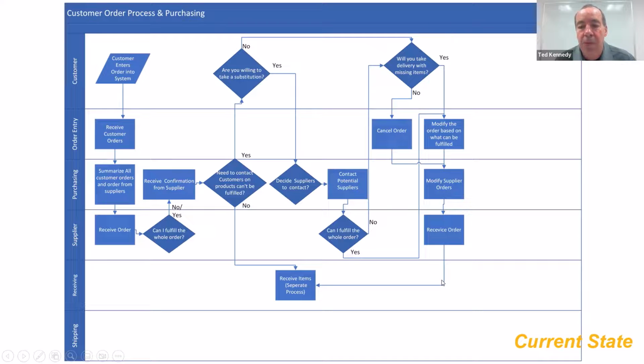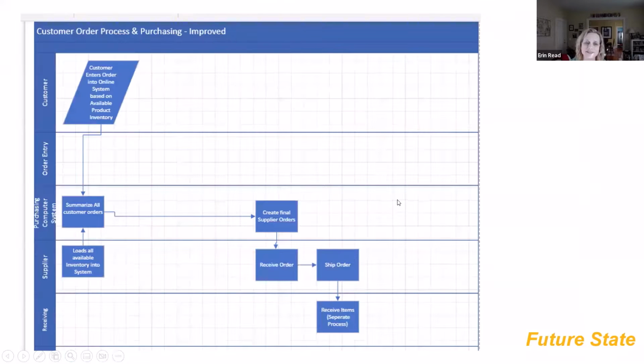If it's going from one person to another person, and they just stamp their approval on it, then it goes off to another department, try to eliminate those as much as possible. So I'm guessing that as you go from this slide with current state to the next slide with future state, you'll have addressed some of those issues.